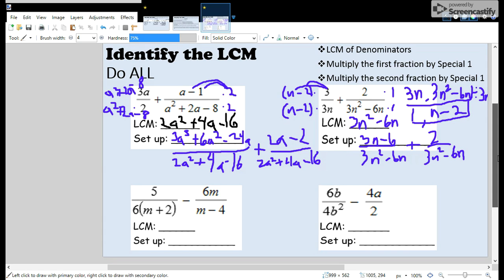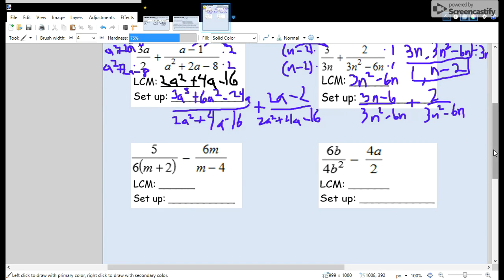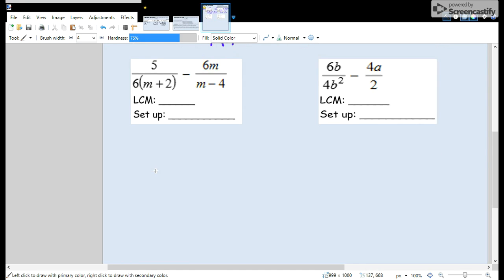Okay, on the next one, we have in the denominators two things that look completely different. So to find our LCM, we're just going to multiply them together. Let's go ahead and use box method.